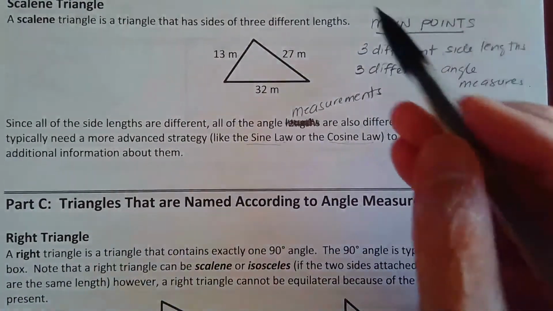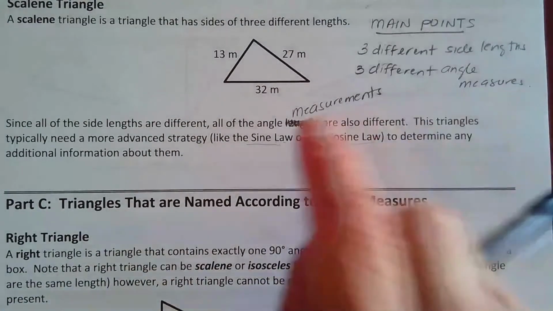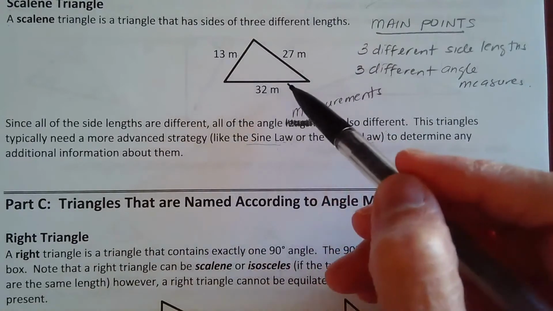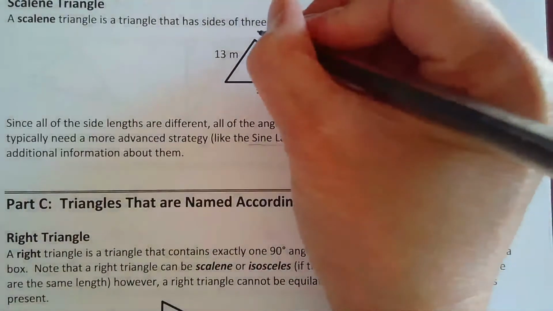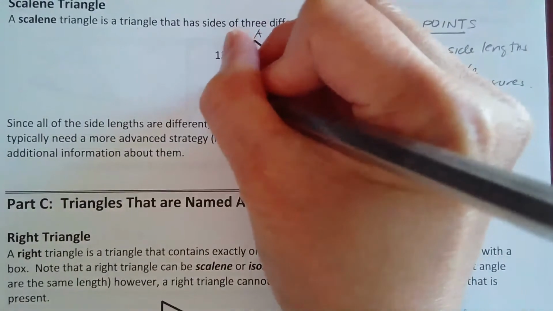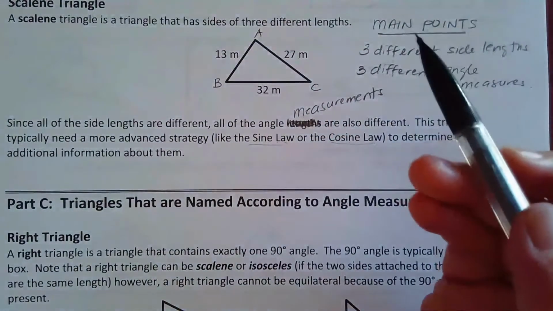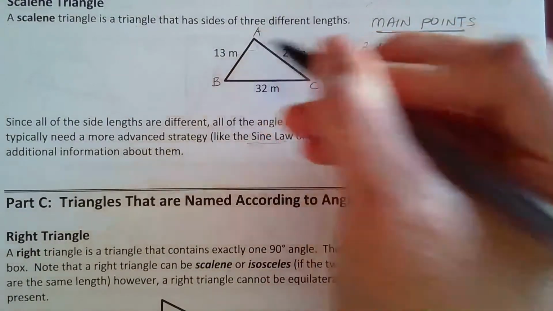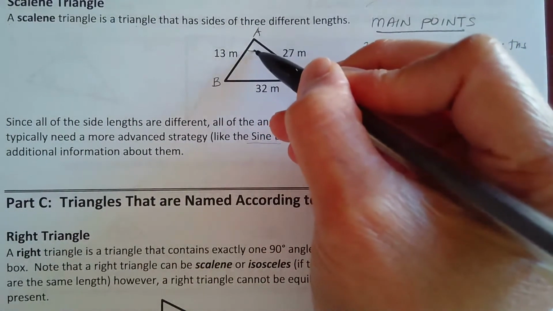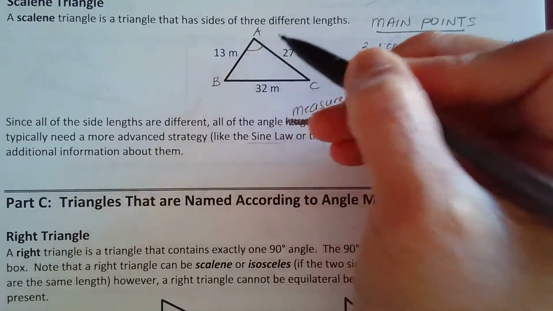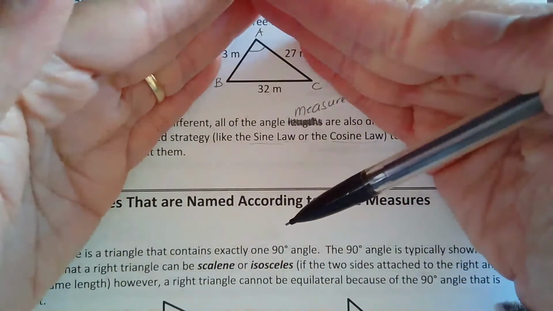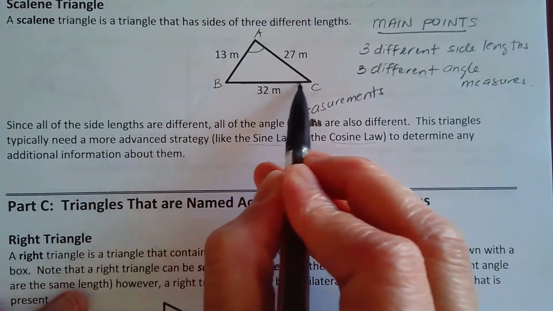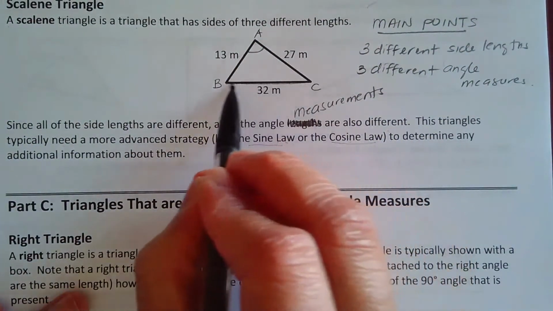Maybe this is a good time to talk about this. I know it's not touched upon, but when you look at this one, which one do you think is the biggest angle? I'm going to call it angle A, angle B, angle C. You'll notice that the biggest angle here is angle A. It has to open wider to accommodate the 32-meter length.